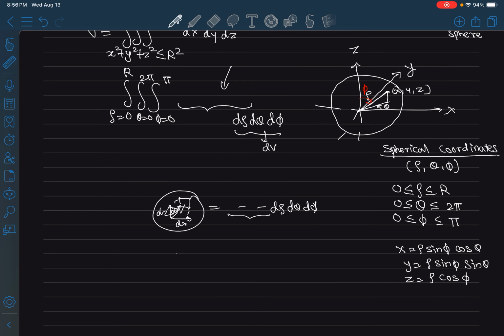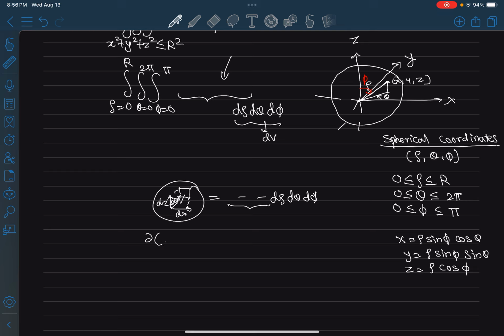First of all, you try to find out how x, y, z change with rho. So you'll try to find that vector. Basically dx by d rho, dy by d rho, dz by d rho, right?